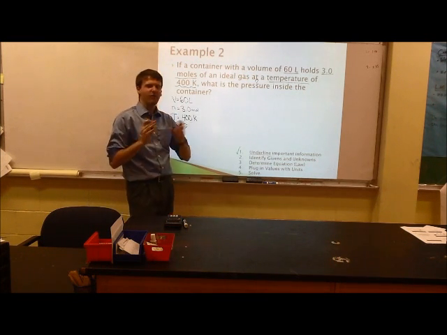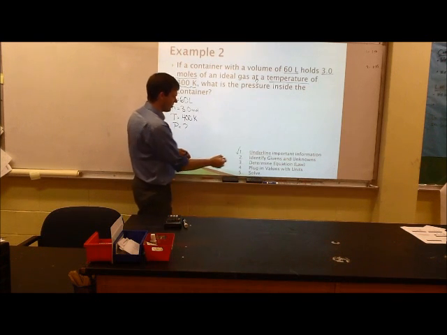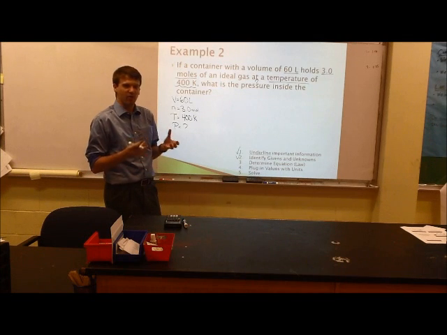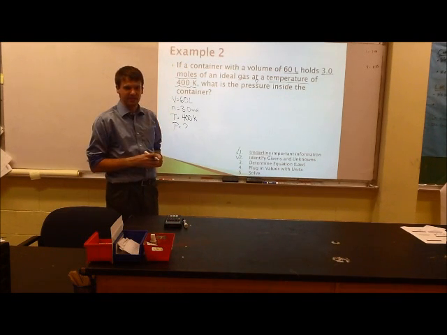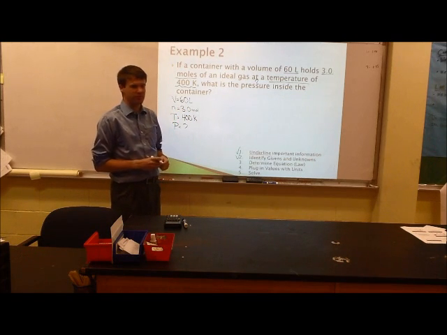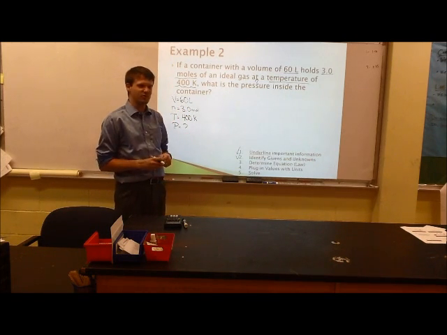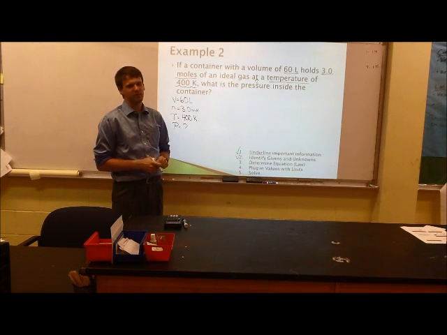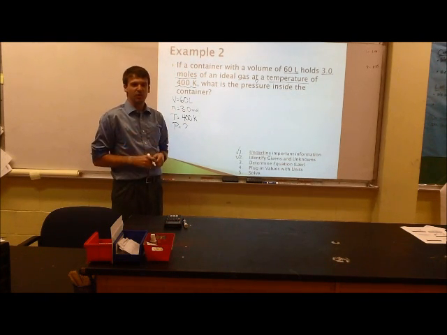So, how do we know what law to use? Since we've identified our givens and unknowns, we need to figure out a law that includes all of these things. Notice, we don't have 2 volumes, 2 temperatures, 2 pressures, or 2 numbers of moles. Since we don't have 2, we're going to use the ideal gas law.